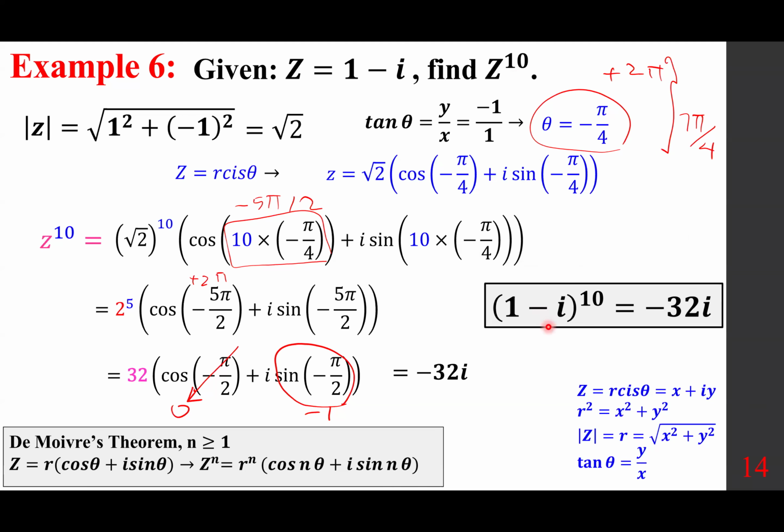So 1 minus i to the power of 10 is simply negative 32i. A quick recap: z is given in rectangular format as a complex number. We put it in polar format, so it makes it easier to raise it to the power using De Moivre's theorem.